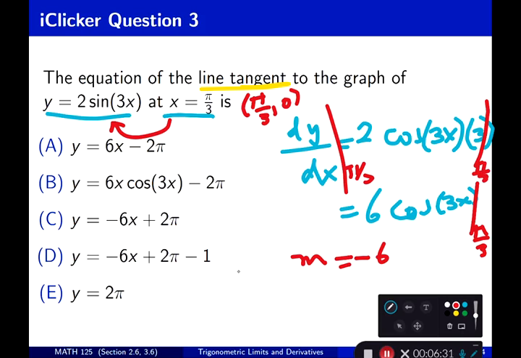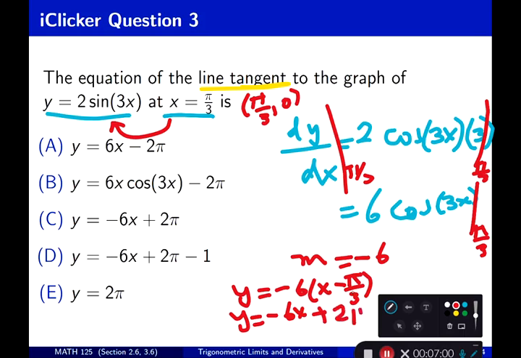So y minus 0 is equal to -6 times x minus pi third. What is that? Y is equal to -6x minus 6 times negative pi third, which is plus 2 pi. And that's answer C.